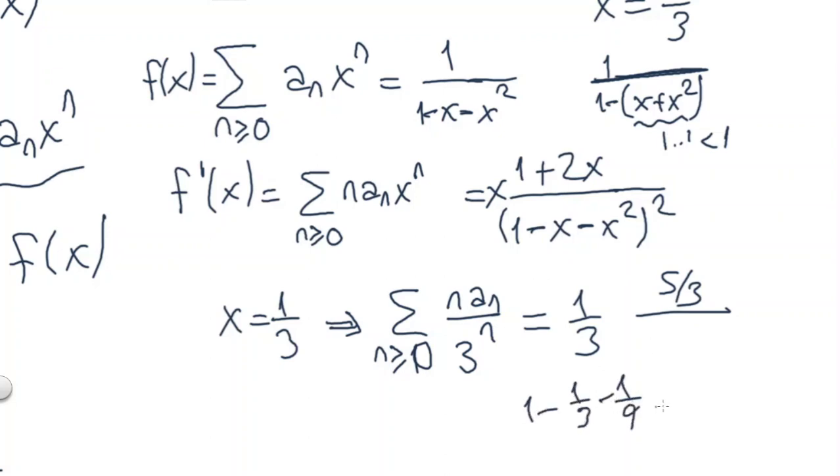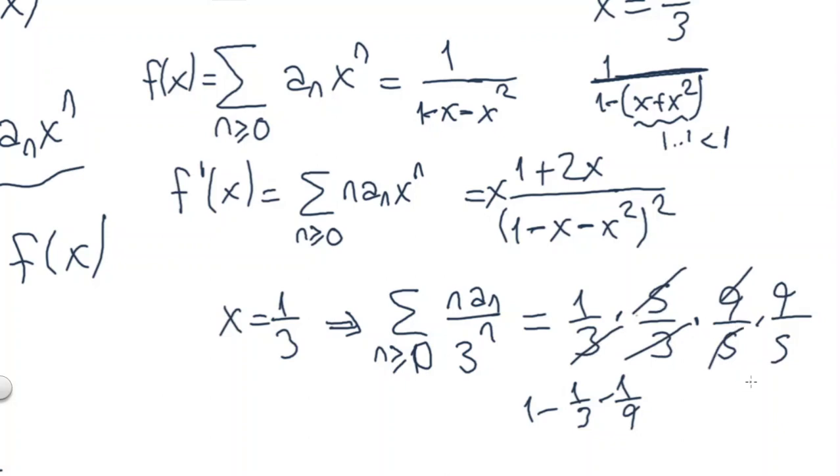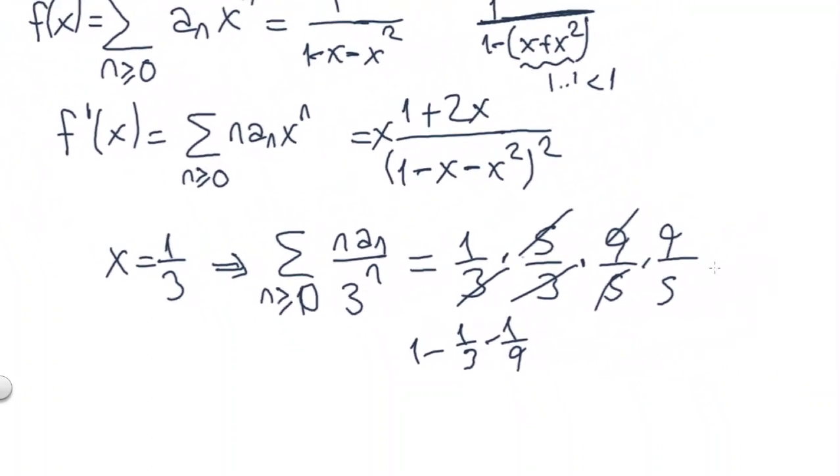This is just the boring algebra part. 5 over 9, so I can just flip it. Let's write this normal: 5 over 3 times 9 over 5, and this thing squared. If there is no mistake, these 3s will cancel, and I get 9 over 5. Let me check. I think, yeah, this is the correct answer. So the answer is 9 over 5, and that's the end of it.